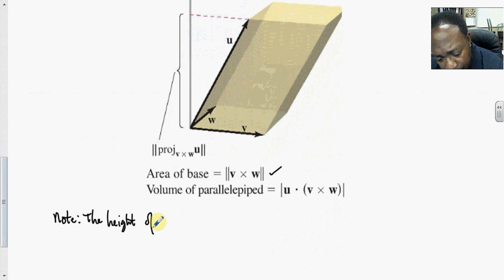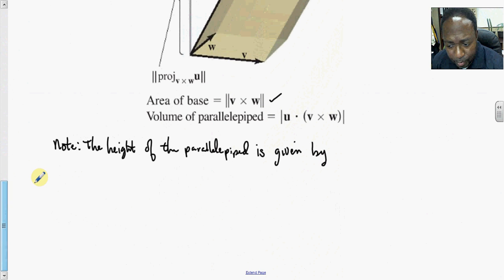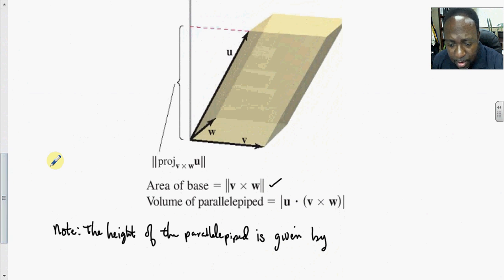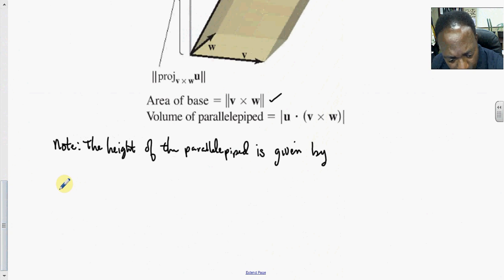The height of the parallelepiped is given by, look here at the image, the projection of u onto the cross product of v with w.